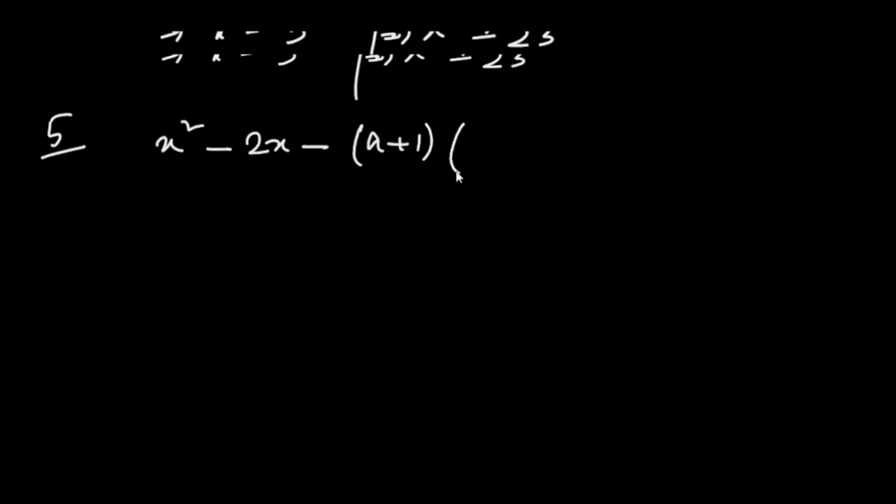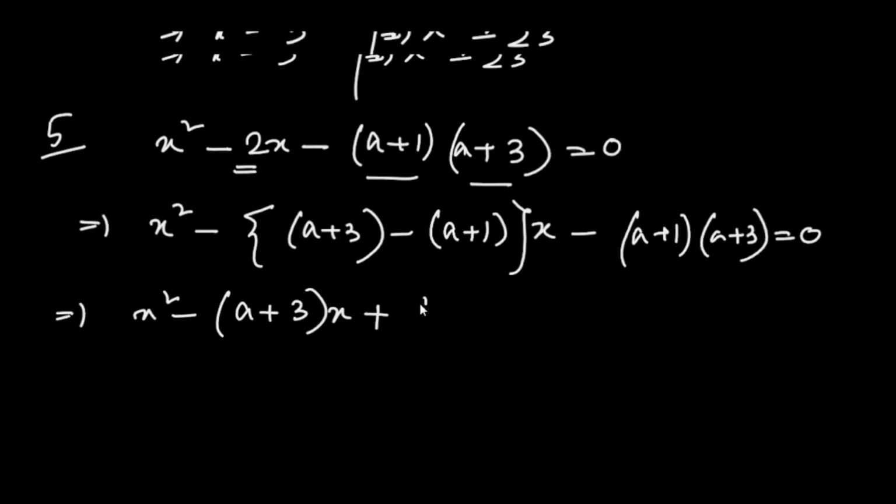So x squared − ((a + 3) − (a + 1))x − (a + 1)(a + 3) = 0, since the value of that difference is equal to 2. Now if I break this, it will become x squared − (a + 3)x + (a + 1)x − (a + 1)(a + 3) = 0.